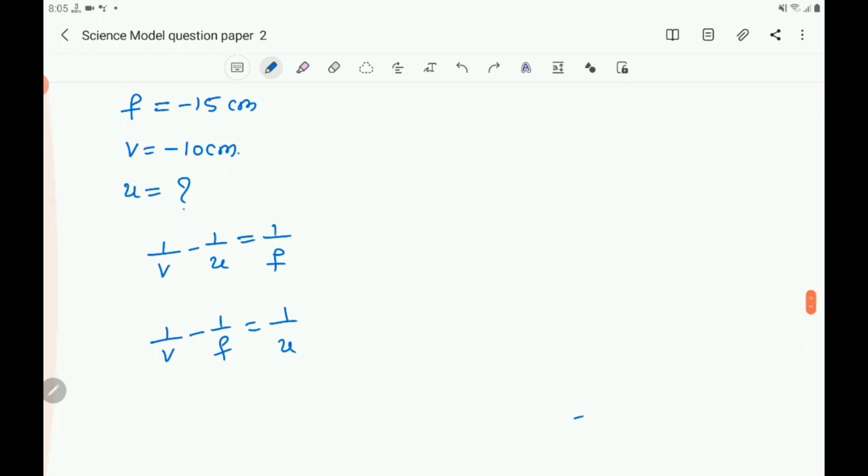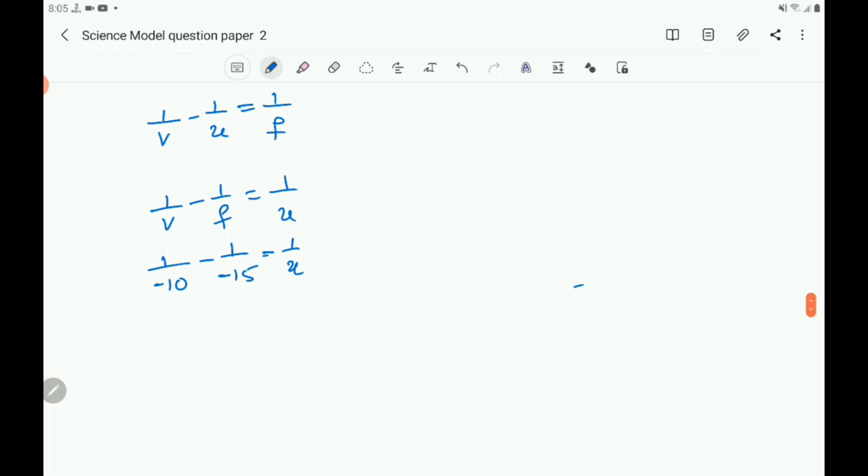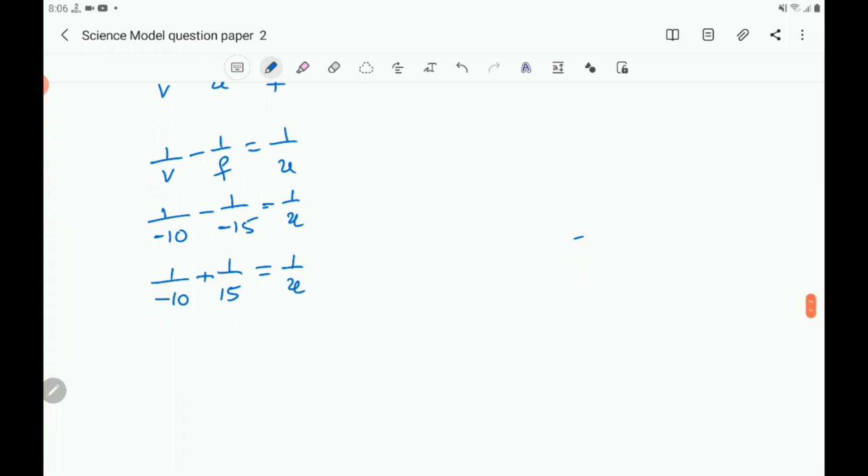Then 1 by V is 1 by minus 10, minus 1 by minus 15, that equals 1 by U. Then it becomes 1 by minus 10, minus of minus becomes plus, plus 1 by 15 equals 1 by U. Then you can take it as minus 1 by 10.